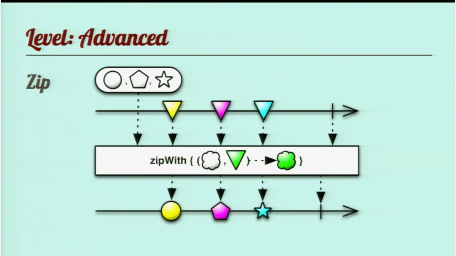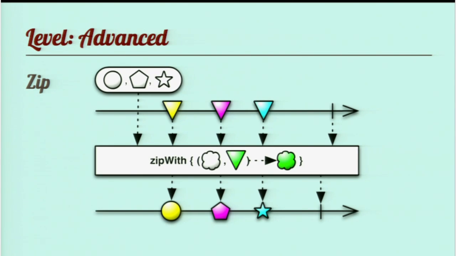And then there is the advanced combination, which also transforms. So if you have 2 source observables that are of different kinds, an observable of users and an observable of cars, and what you want as an output is a combination of the 2, but transformed to a driver object, which is a composition of the user and his car.